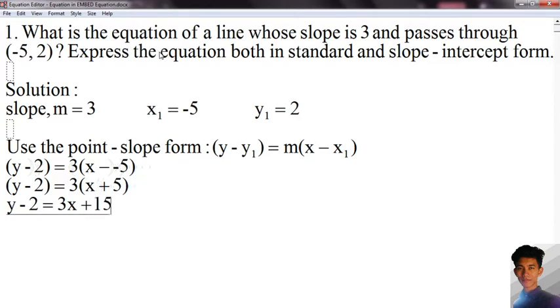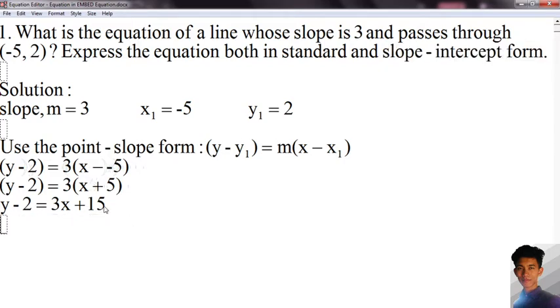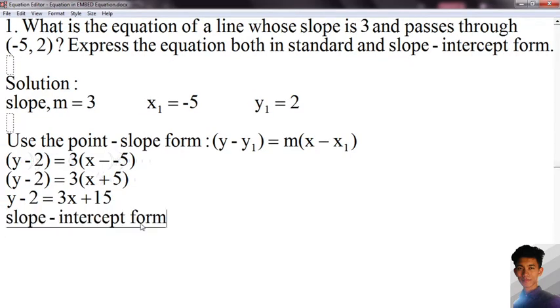Now sabi dito sa ating instruction, no, both in slope-intercept form and standard form. So simulan natin siya by expressing it in slope-intercept form. So, kung slope-intercept form, meron tayong video tutorial about this. Ang gagawin lang natin dito sa ating nakuhang sagot ay ganito.